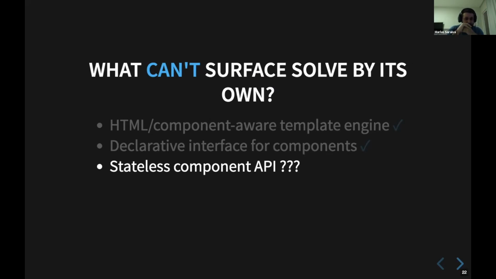So we have that in Surface for some time already, but the third gap that I was mentioning, the stateless component API, there was not much we could do about it, even though we tried. The way we tried, we created two separate abstractions, one for stateful components and another for stateless. But in order to be composable, they both needed to use the live component macro, so it's still an incomplete API.